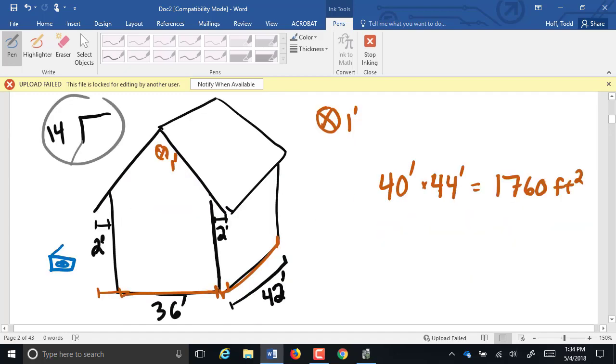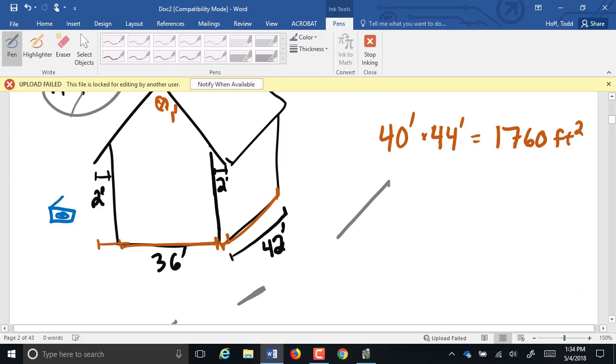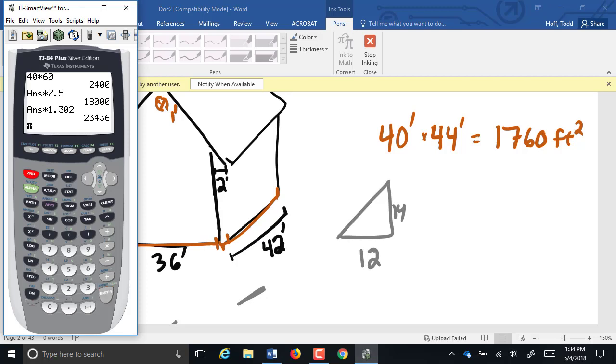So that 14/12 slope, we find that correction factor. Square root, that's 18.439 divided by 12, for a slope correction factor of 1.537.